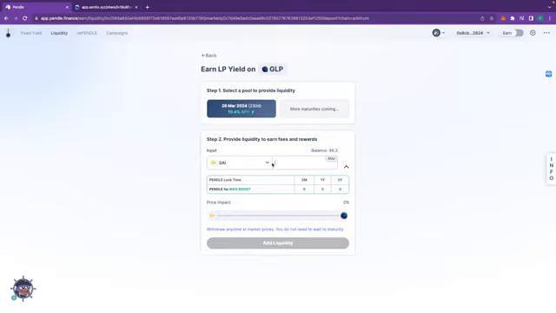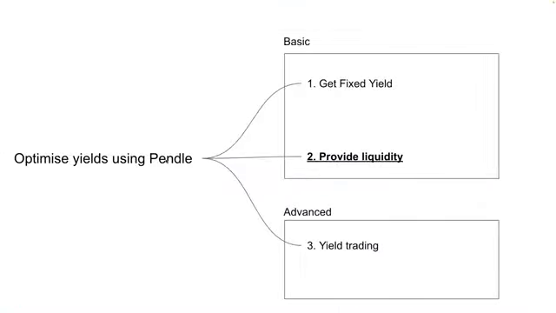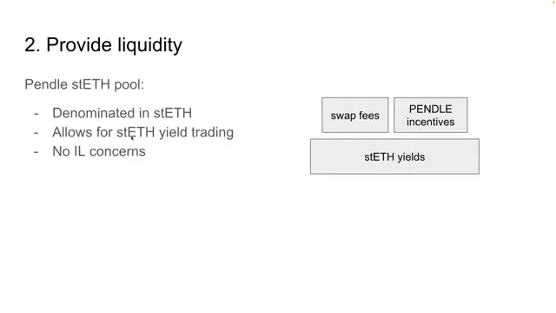Now you might ask, what exactly is the Pendle pool that you are providing liquidity into? I will provide a very brief explanation. Let's take the example of the Pendle sDETH pool. Intuitively, it's a pool denominated in sDETH that facilitates trading for sDETH.